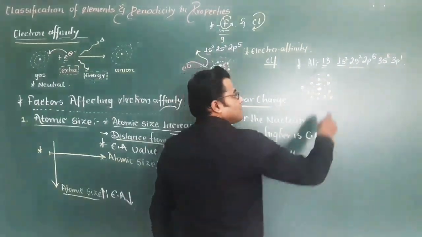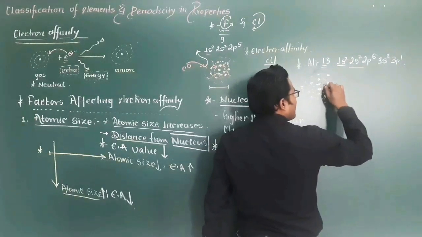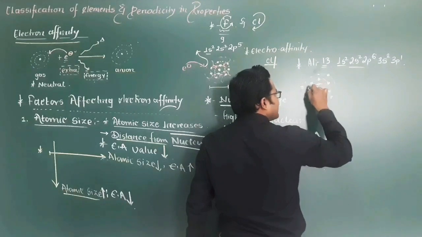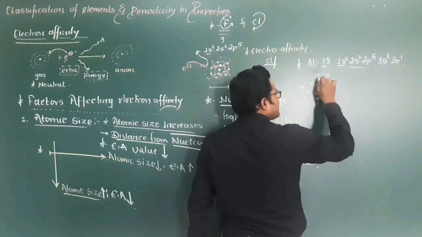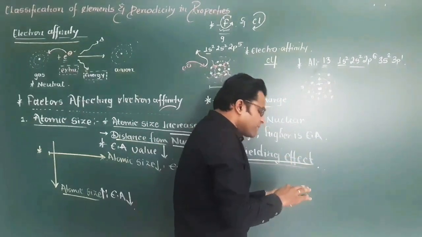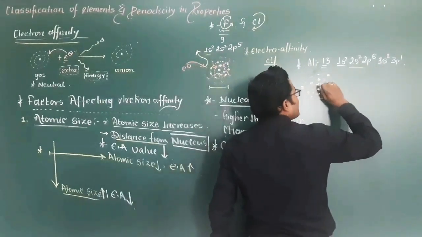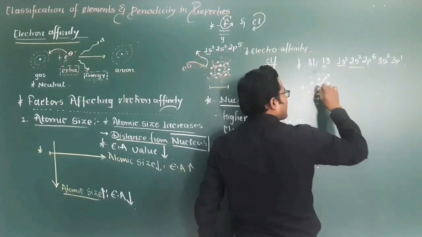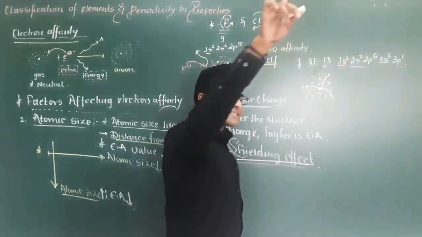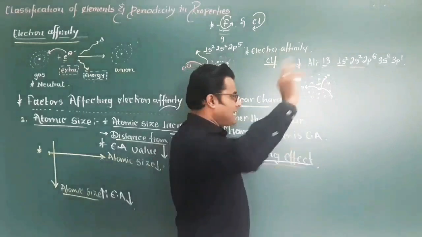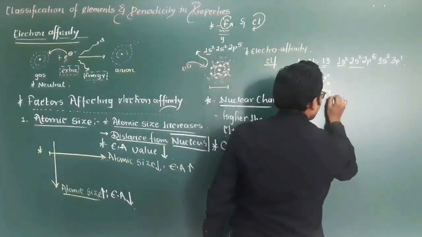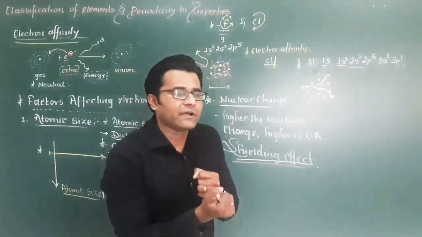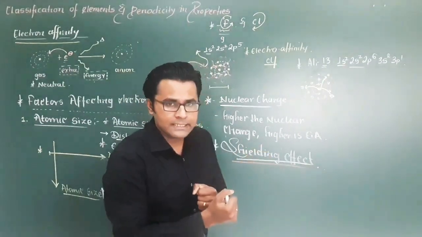That means the attractive power of the nucleus is compensated in this particular region. Thus, it becomes very difficult for the nucleus to effectively attract the outermost electron. Here, the efficiency is going to decrease. As the efficiency decreases, the outermost electrons are not that perfectly attracted towards the nucleus.